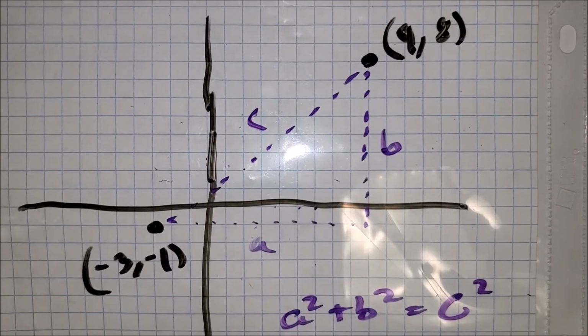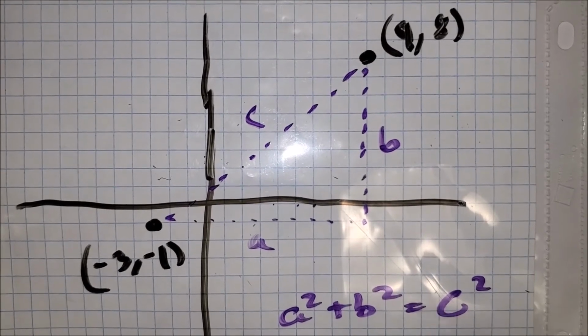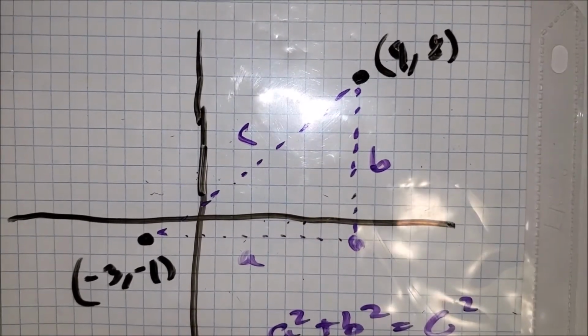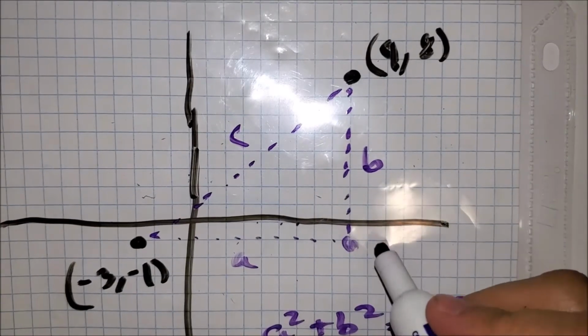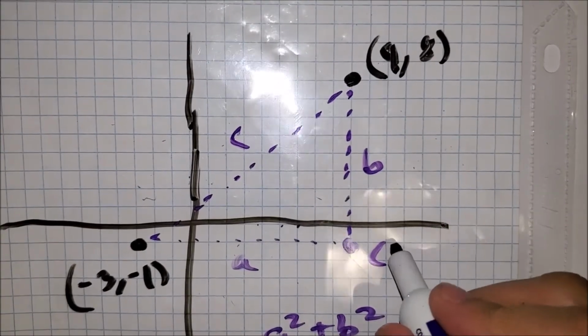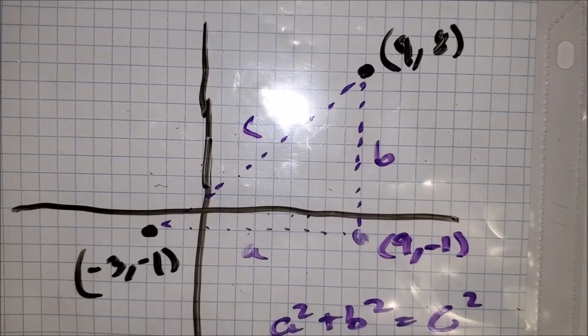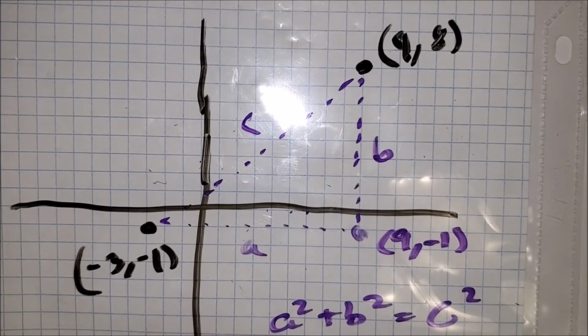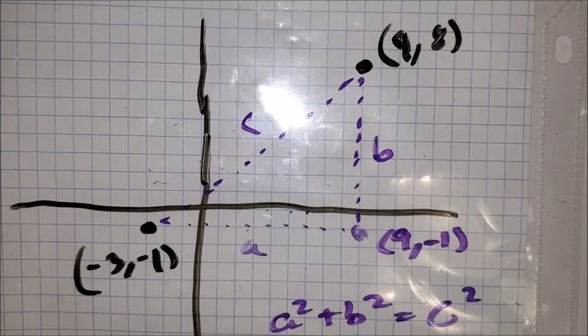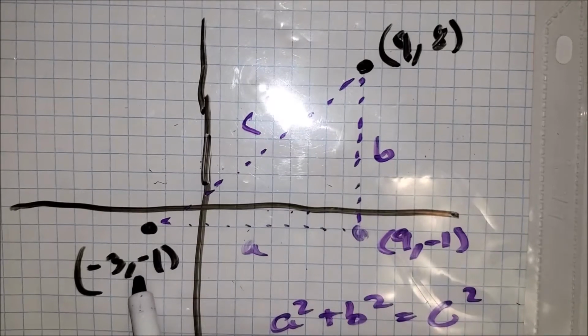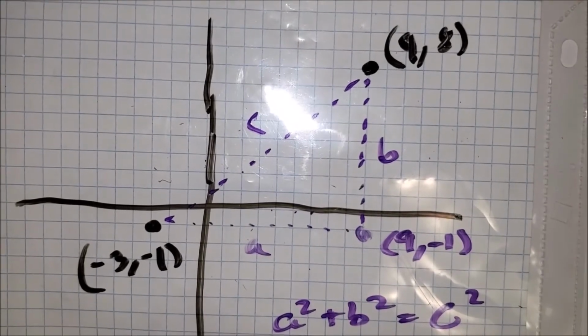But to actually find a, b, and c, we have to take the distances to this point from the other two. This is actually the point (9, -1). It shares the same x value as one point and the same y value as the other.